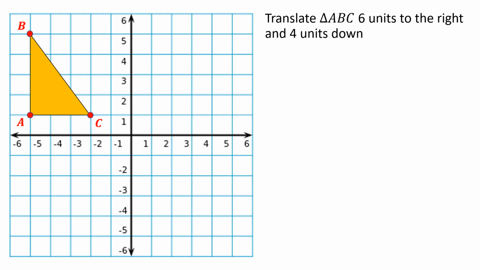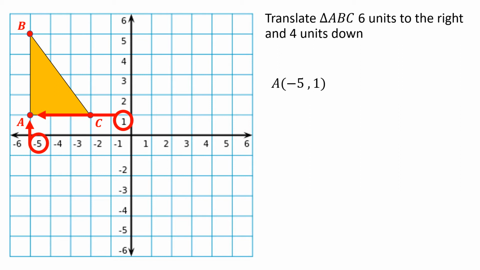Let's start with point A. Point A sits on the Cartesian plane with a coordinate of -5 and 1. -5 is a value on the x-axis and 1 is a value on the y-axis.